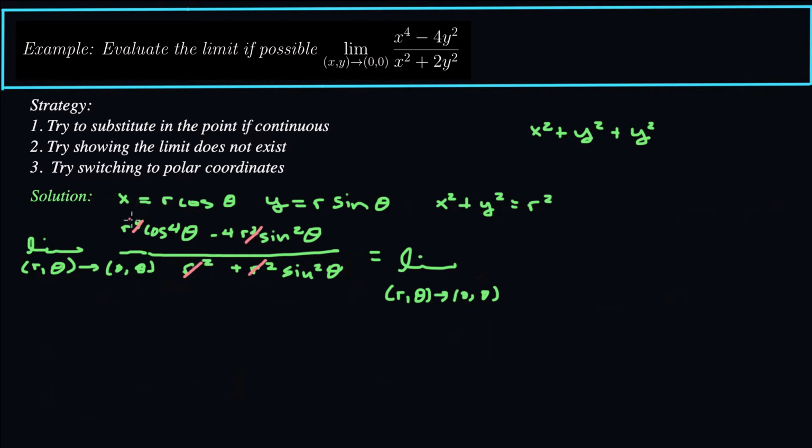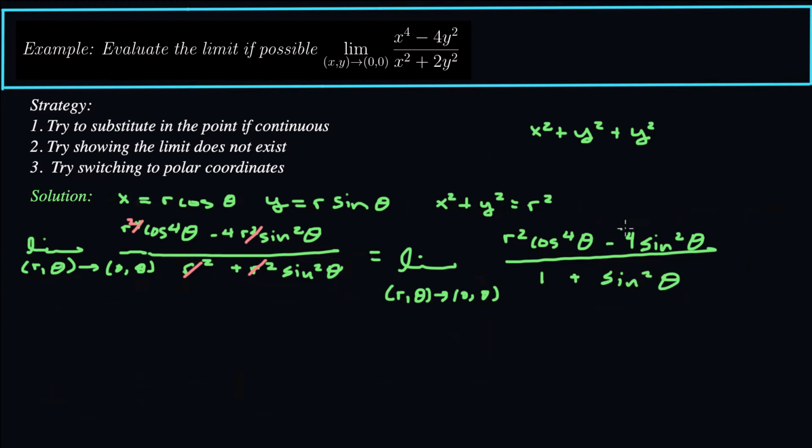And then make this a 2. So this is really the limit of r squared cosine to the 4 theta minus 4 sine squared theta over 1 plus sine squared theta.